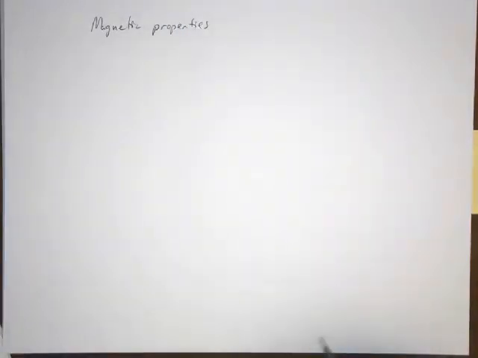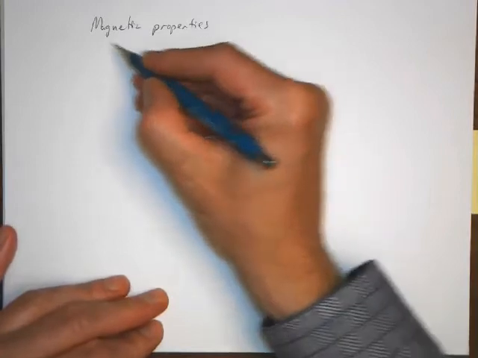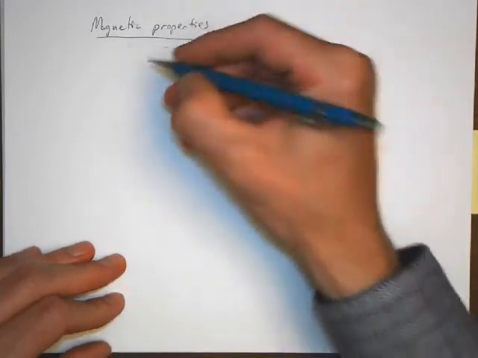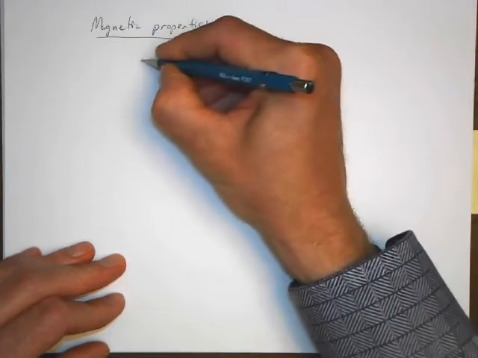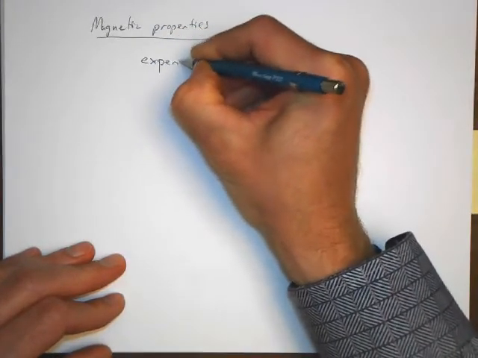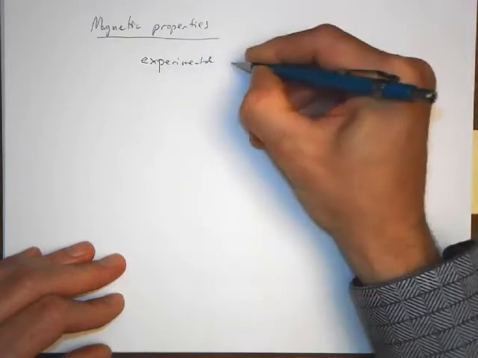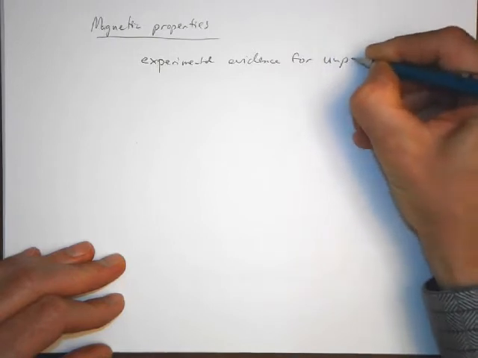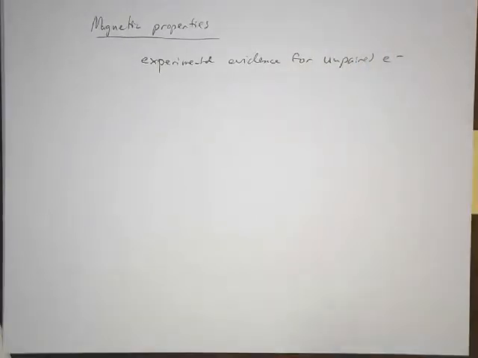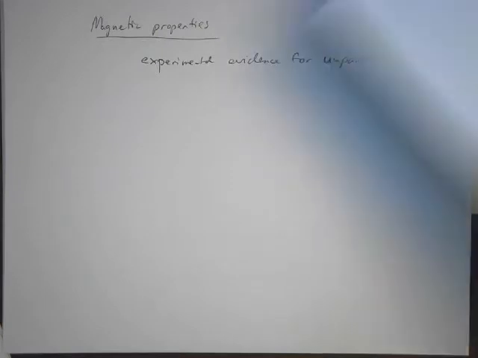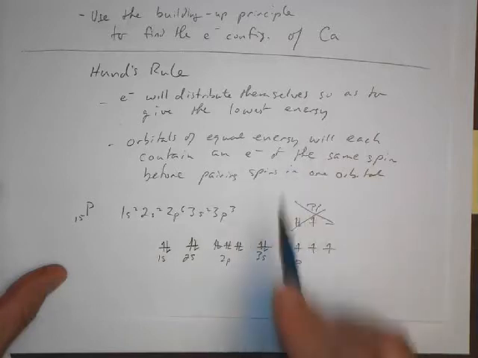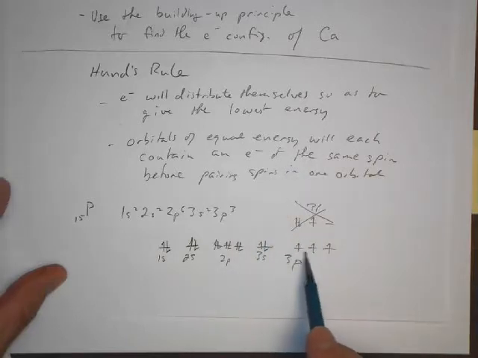Magnetic properties give us experimental evidence for unpaired electrons. So how do we know that phosphorus has an electron in each orbital first, as opposed to pairing them up?